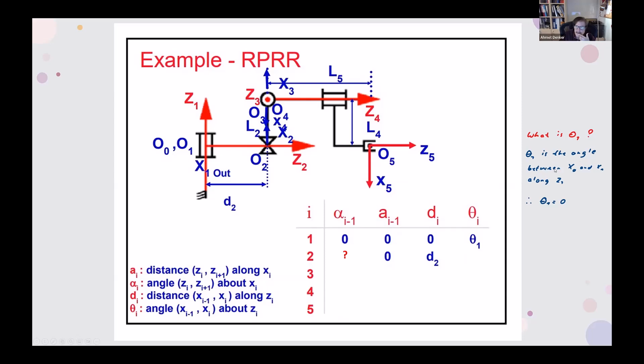Theta 1 is the angle between x0 and x1, about the z-axis. So x1 and x0 are coincident, so theta 1 is 0. So first of all, this is 0. So what is the second question? This question mark. Let's see if we have it in the second.